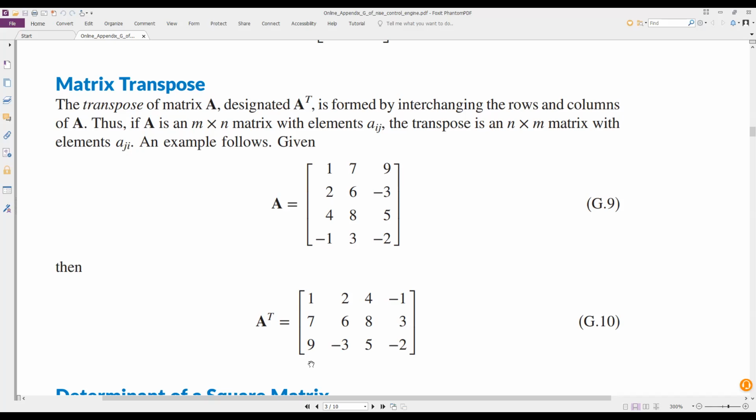Both angles are correct. You can use any one angle. If A is an M by N matrix with elements Aij, the transpose is an N by M matrix with elements Aji. An example follows.